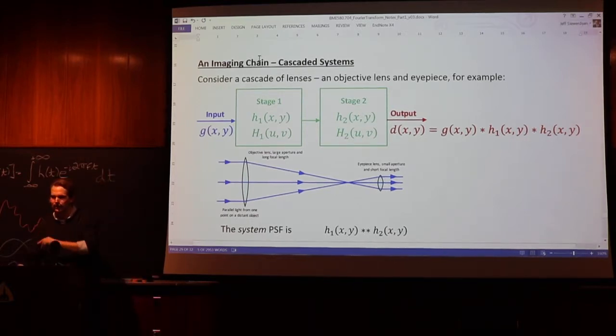So like an imaging chain, we talked about one stage, like the window. But what if there's more stuff in this imaging system? Like here's one, an objective lens and an eyepiece. Light has to get through both of these to reach your eye. Each one presents an aperture with a certain low pass characteristic, and so the input is cascaded through the first lens, convolved with that, cascaded with the second lens, convolved with that, to give us the output.